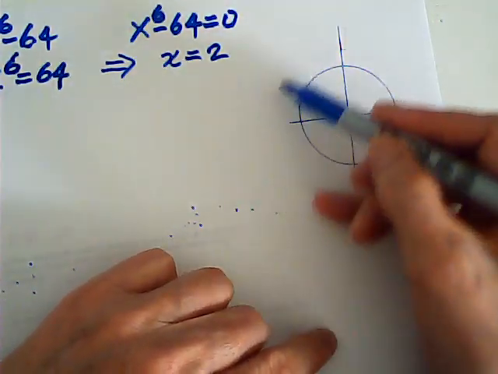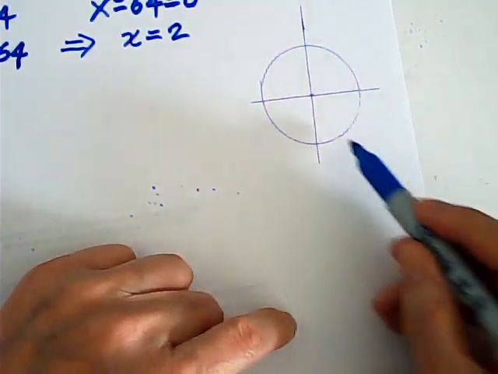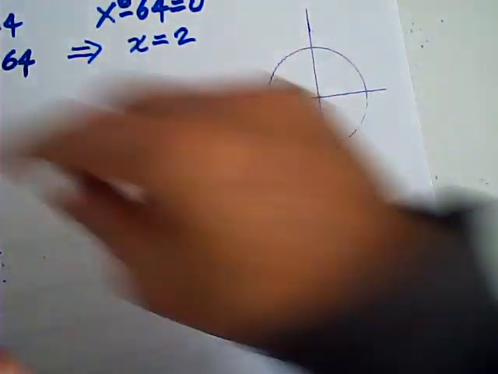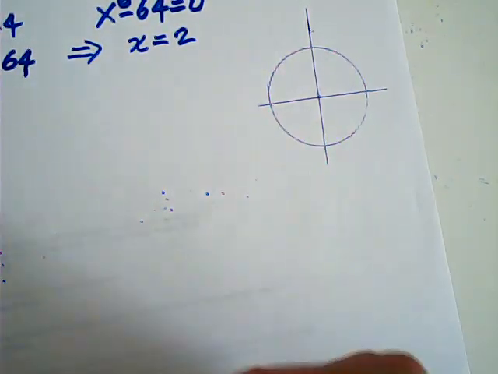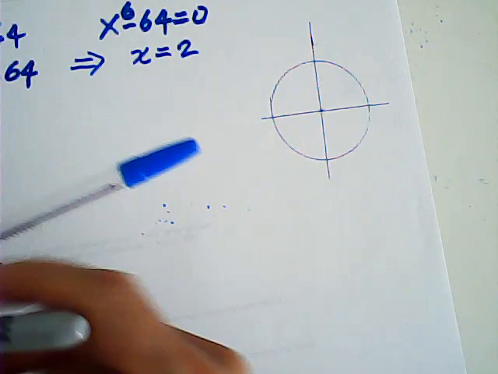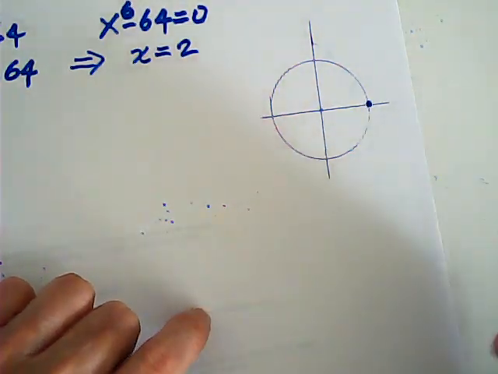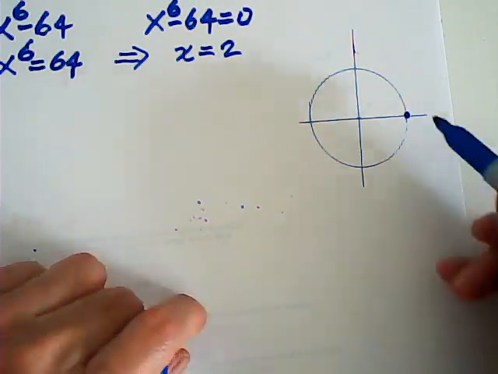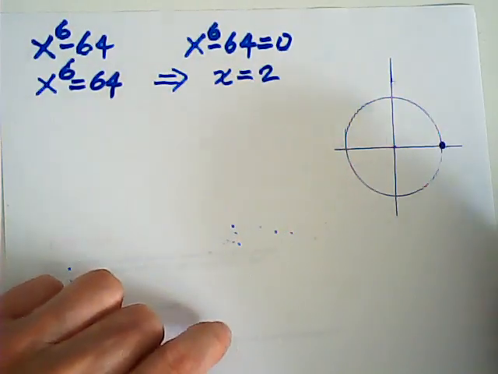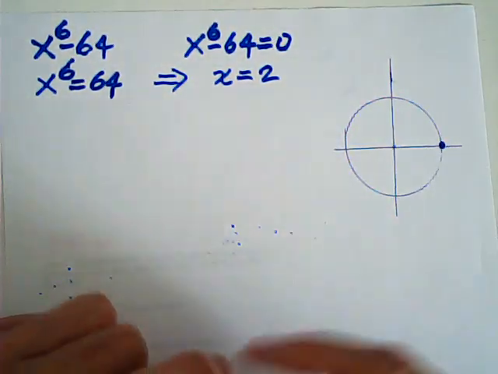Well, we use a picture like this one. The modulus is 2, right? Modulus 2. So this is one root. Then there are 5 others, altogether 6 roots.